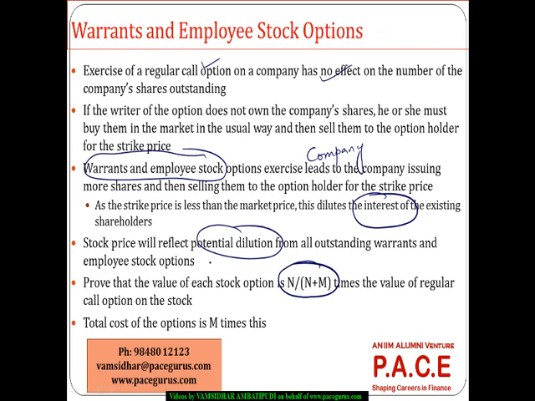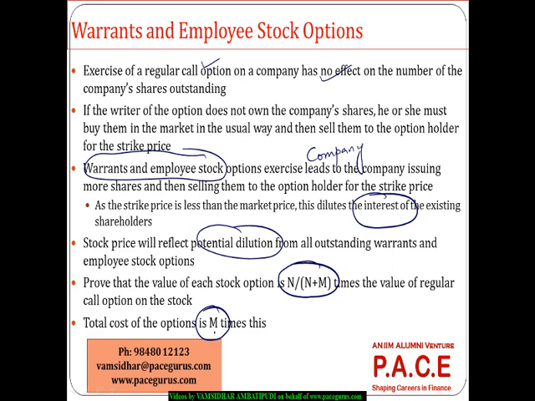So we have seen that the value of each stock option is N by (N plus M) times the value of the regular call option on the stock. Now, the total cost which the company is incurring, assuming that the company does not get any kind of benefit out of it, is the number of new shares getting created multiplied by the price of this particular option.